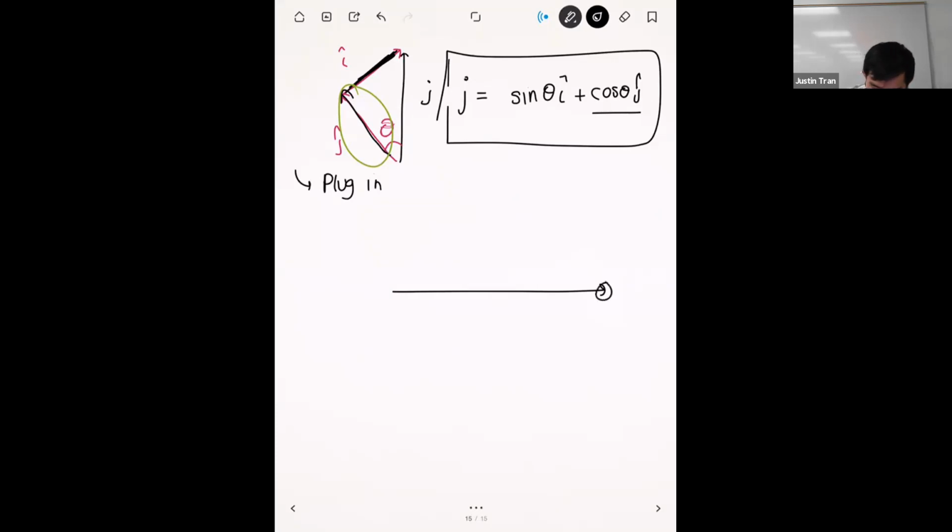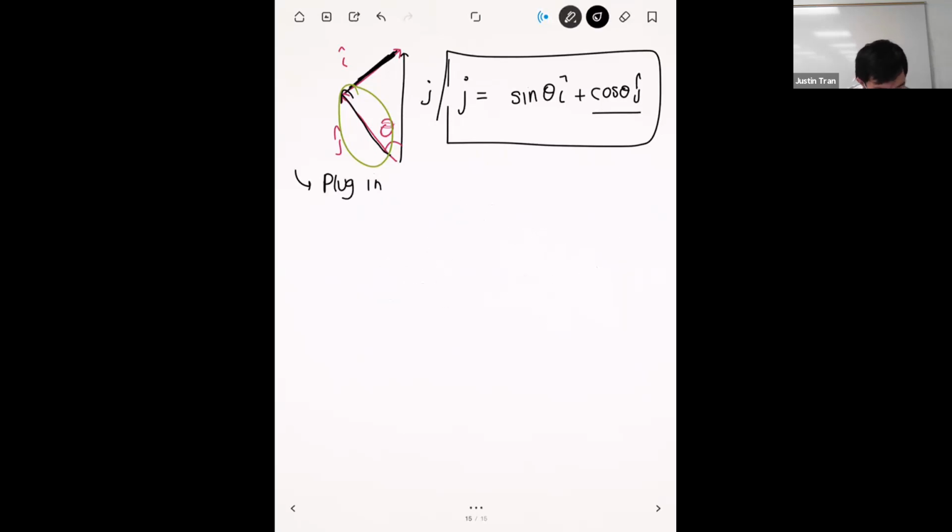We start on the left and end on the right. First we go in the positive i hat direction, and then to get here we have to go down this way. That's why we have these two vectors. It's because we always have to end up at the positive i.